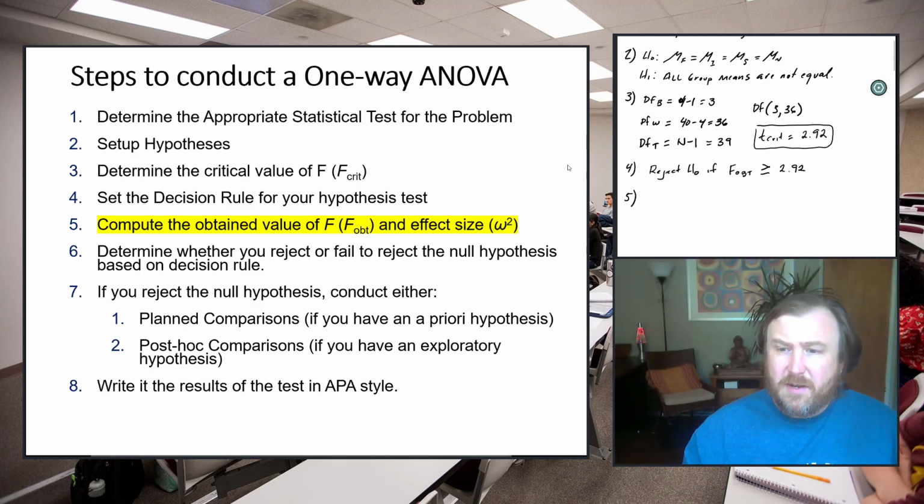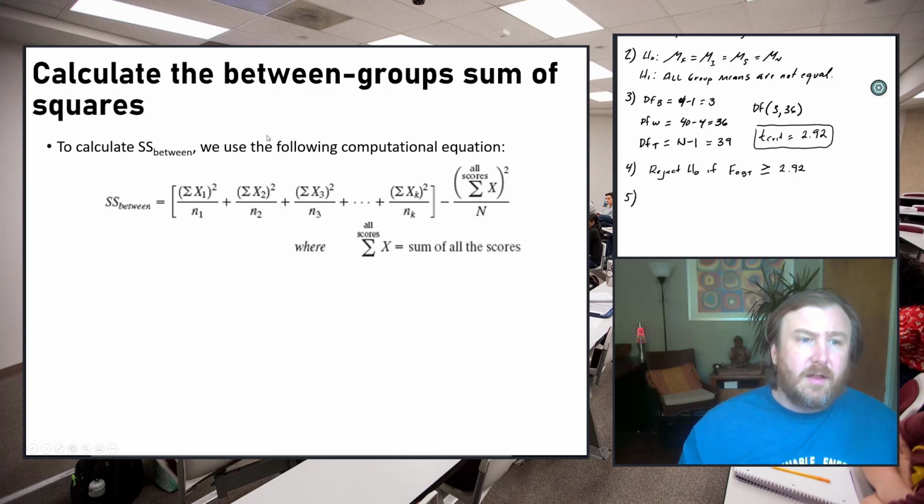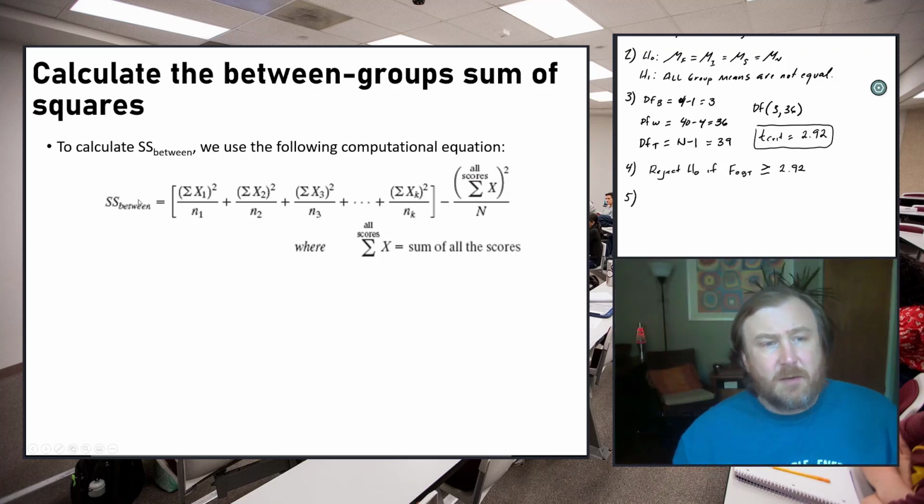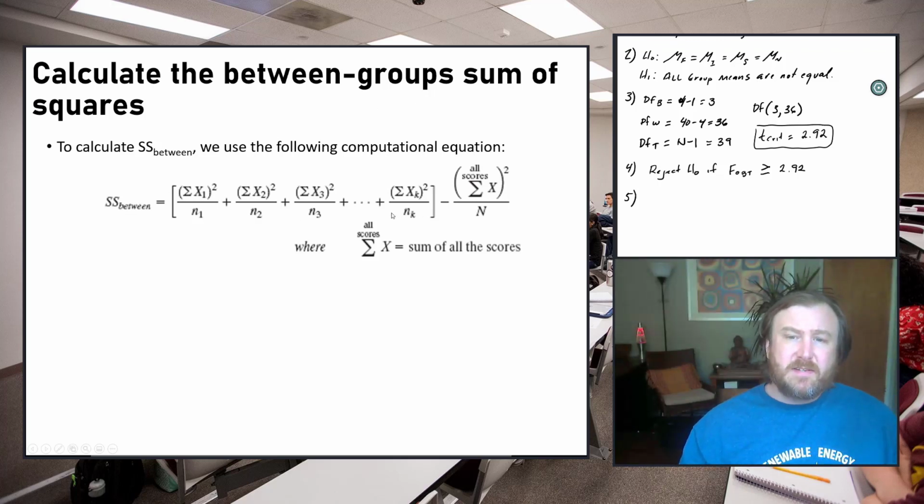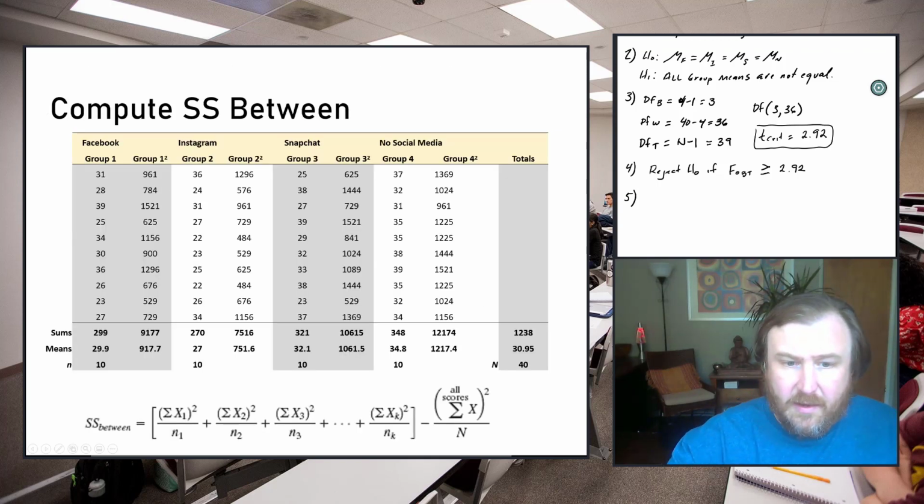So how do we do this? Well, first we need to calculate the sum of squares between. And this is the equation to compute it. The next step is we need to look at our data and plug in these values.